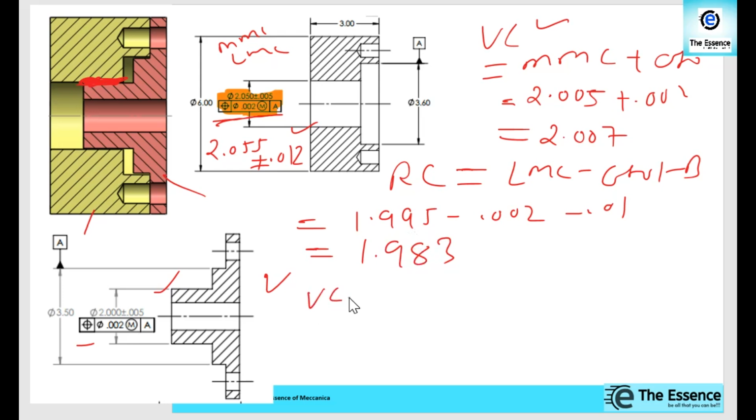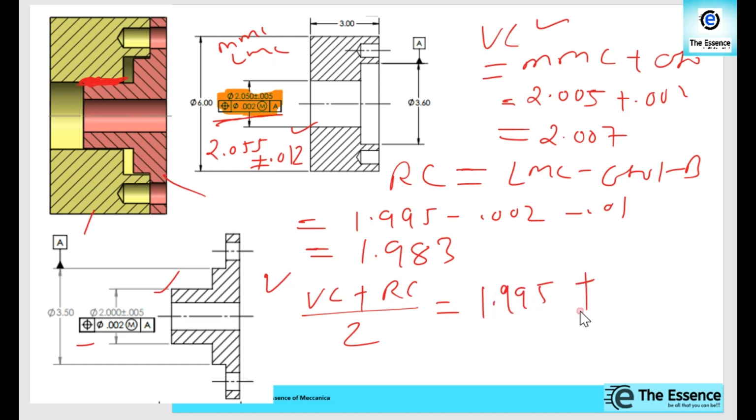So virtual condition plus resultant condition divided by 2, that will be equal to 2.007 plus 1.983 divided by 2, that is 1.995. So 1.995 is that.